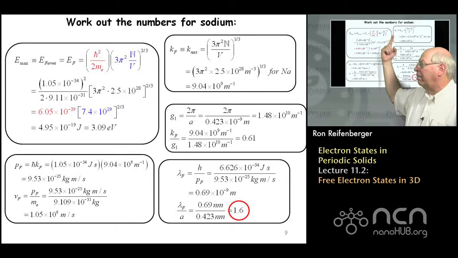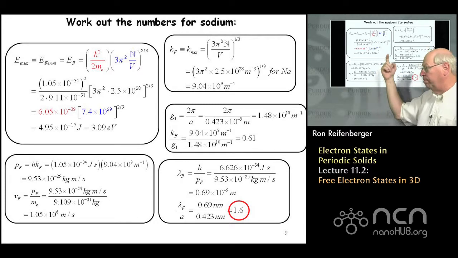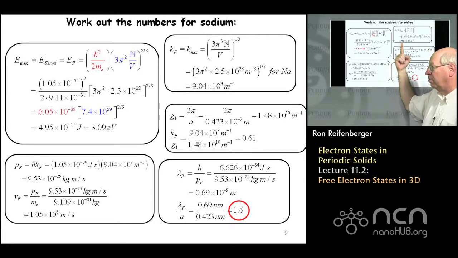We can calculate the maximum wave vector, K sub F. And again, this is K sub Fermi. We can calculate that using the equation on the previous slide. And we can find that that number is about 9 times 10 to the 9th inverse meters. It's very useful to calculate how big K sub F is compared to this first reciprocal lattice vector, G sub 1, right?